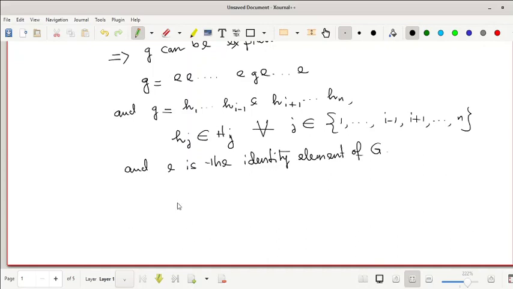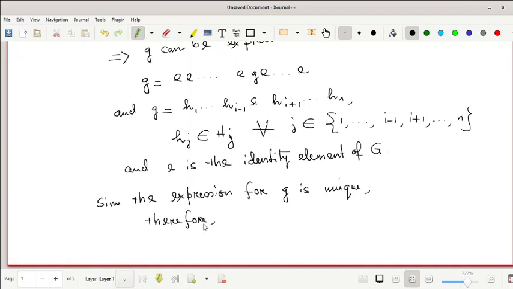But g is unique since the expression for g is unique. Therefore, the ith place should be the same.